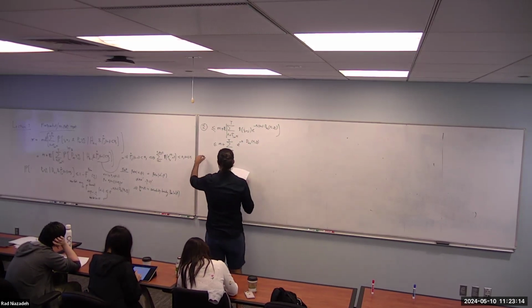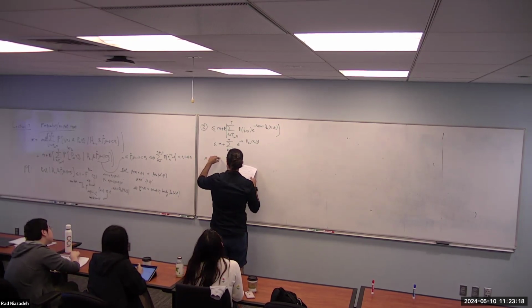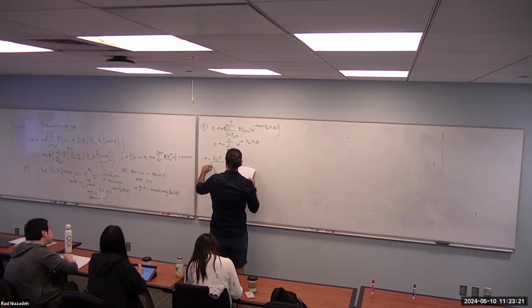Now let m be the following quantity: log T divided by the Kullback-Leibler divergence of x_j and y_j.